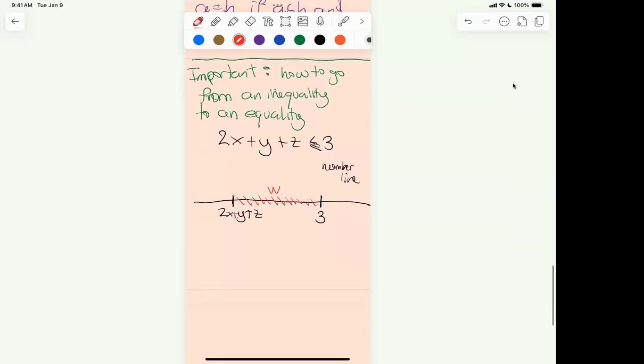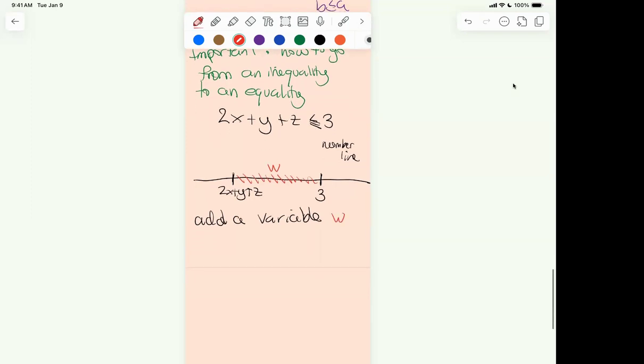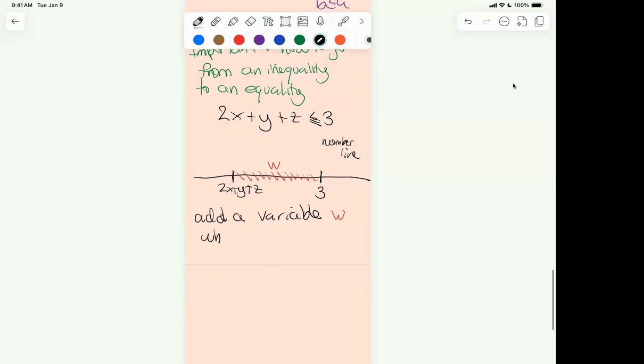You introduce a variable that makes up for the gap between them. So add a variable called W, and I'll do this in a more interesting example in a moment so that it looks less silly, which makes up for or compensates the gap between the two numbers.